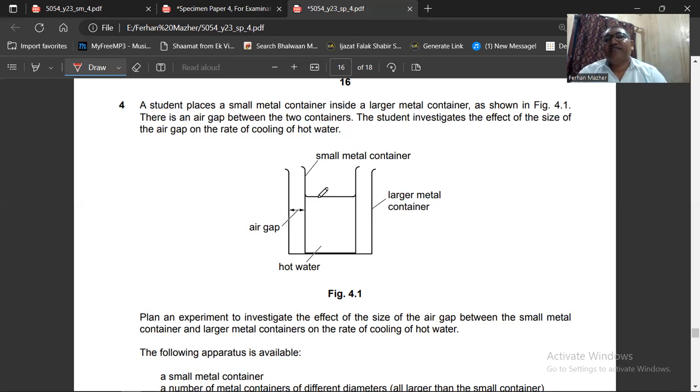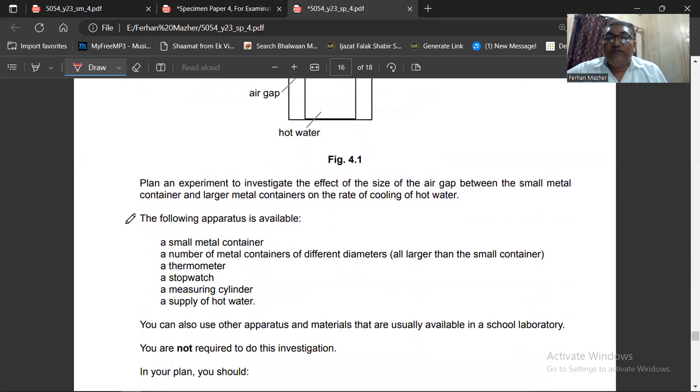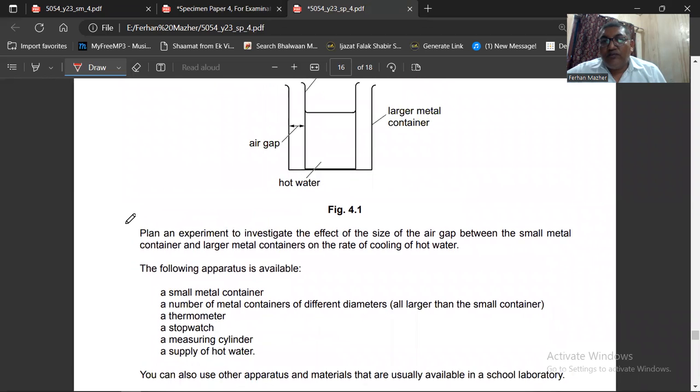Why am I telling you 70 and 60? Because I want the initial and the final temperature to be the same. I want to measure the same temperature drop every time, and note down how much time it takes. So this is how you will do your investigation, and this is what you will be observing.